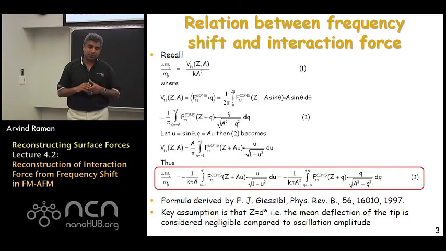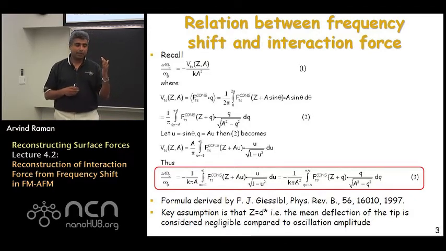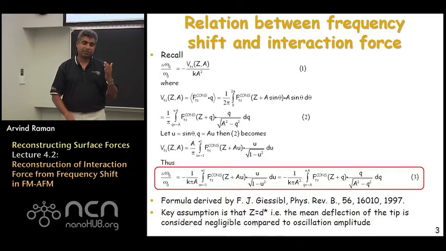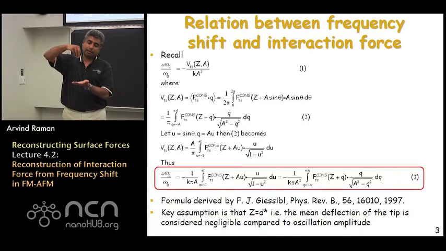When we made that assumption, we were assuming inherently that Z was equal to D star. You remember we've talked about D star as being the equilibrium gap between the tip and the sample, and that Z would be the distance between the tip and the sample, assuming there were no forces. And then if forces are turned on, the tip might actually sag a little bit to another gap D star.